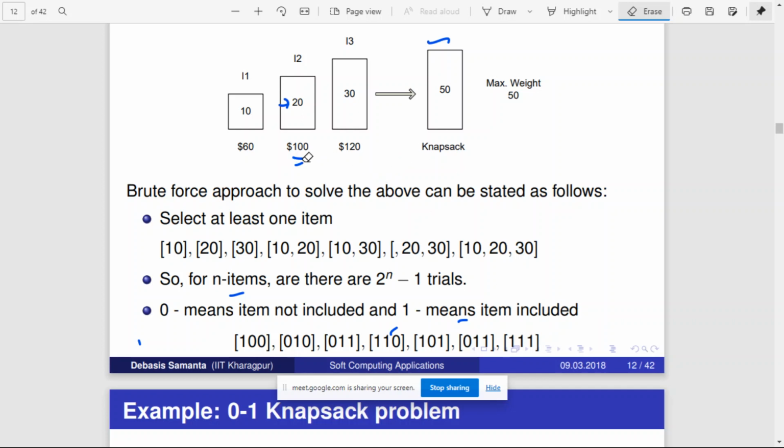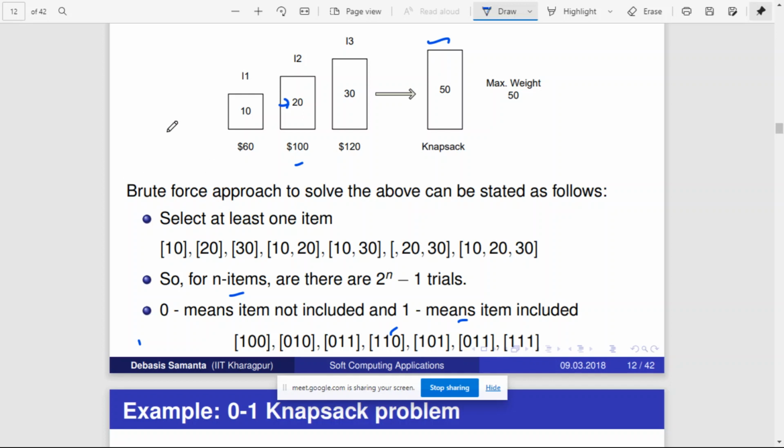So depending on the problem, you have to choose the encoding scheme. For this kind of problem, the binary encoding scheme may be appropriate, right?